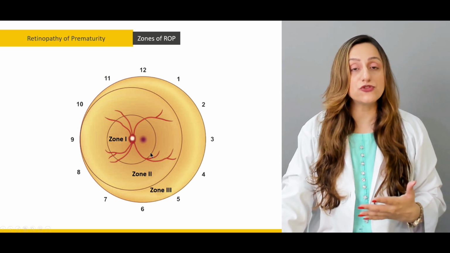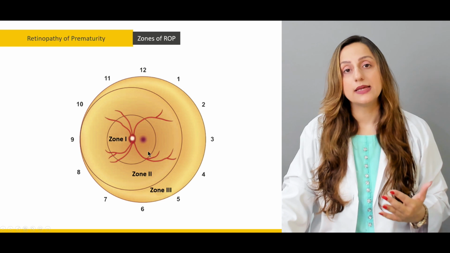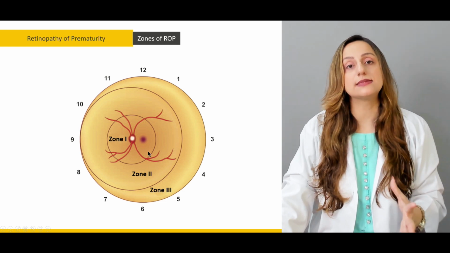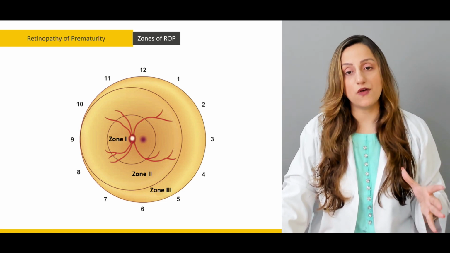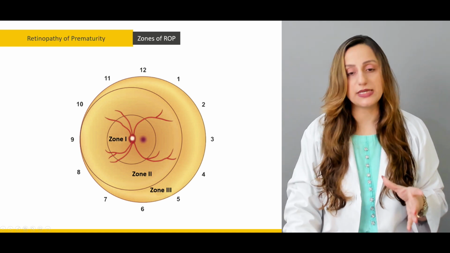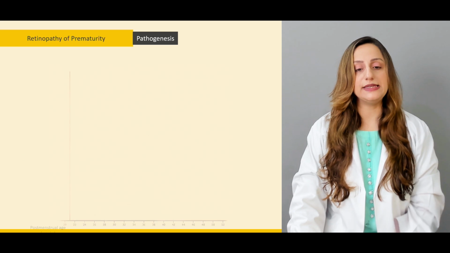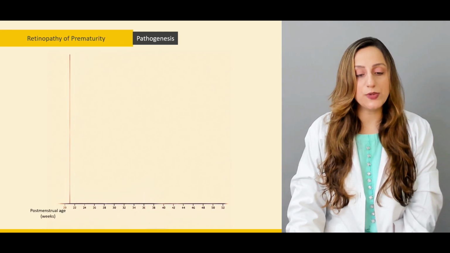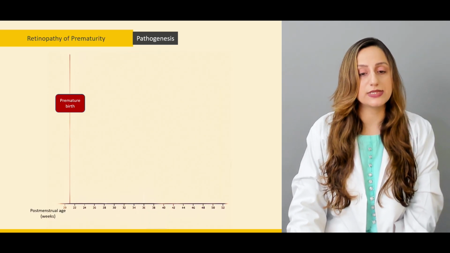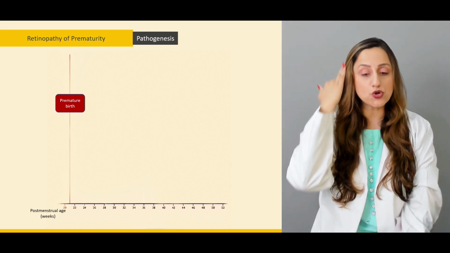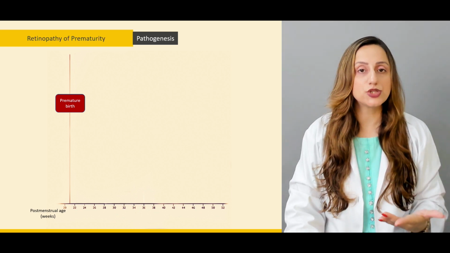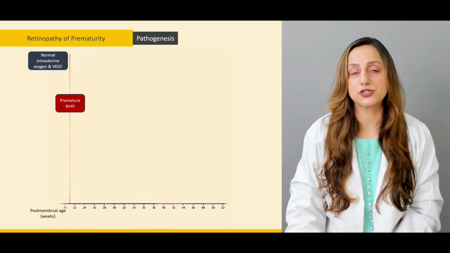If it's the central zone, zone 1, that is the most severe state of the retinopathy of prematurity in these individuals. Then finally, we have the pathogenesis. As you can see, the post-menstrual age is again very important. We have a premature birth, which is the most important risk factor over here.